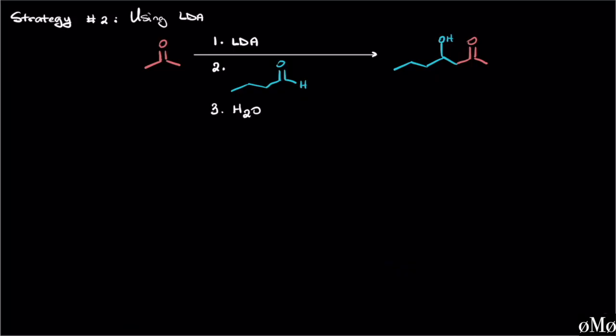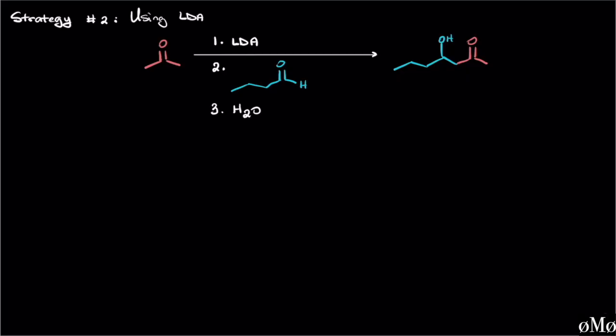So you actually separate out your synthesis into three distinct steps. The first is you take a particular aldehyde or ketone. So let's take this acetone, and you first treat it with lithium diisopropylamide. So we know LDA is a pretty strong base that would deprotonate the alpha position on this particular ketone.